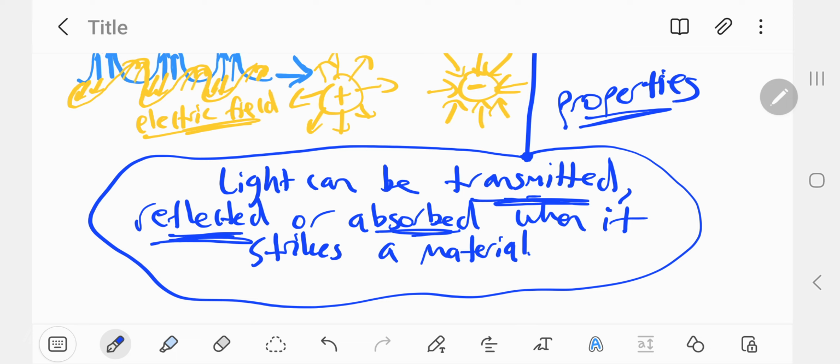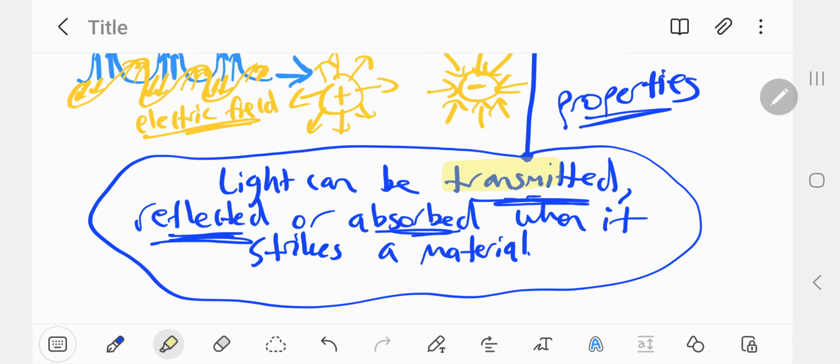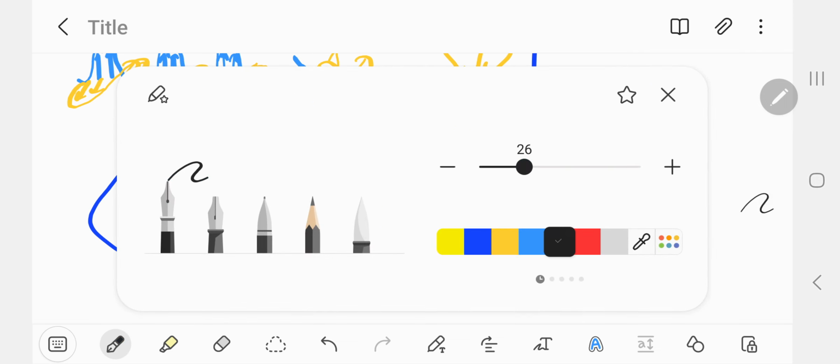And I'll talk about these in just a sec. I'll highlight these, very important. And you're all familiar with these. These aren't new words, new terms, or new properties of light. You've all experienced these in your everyday life, hopefully.